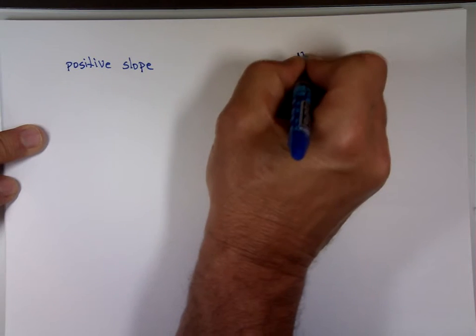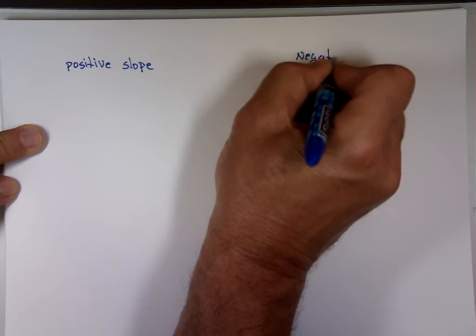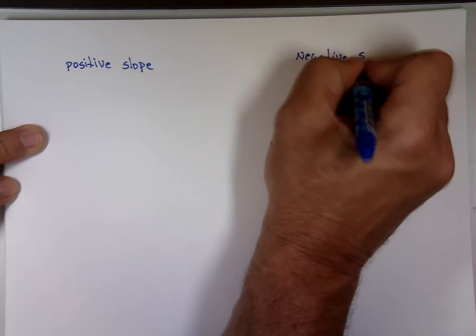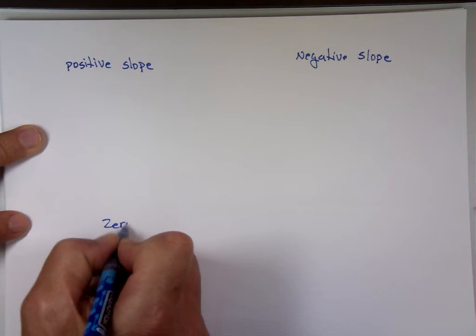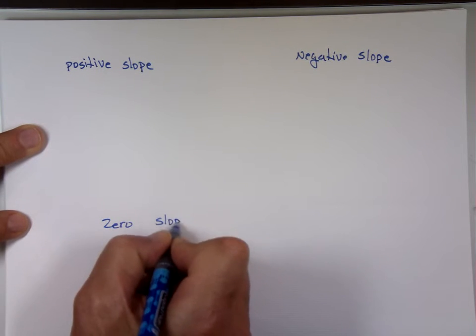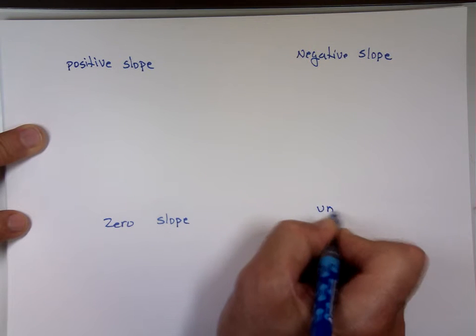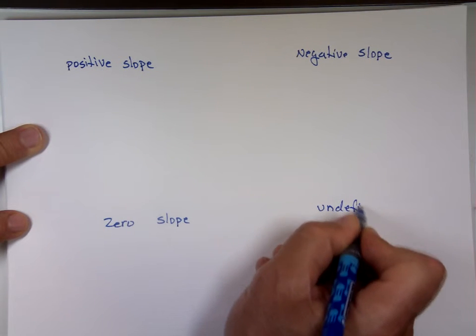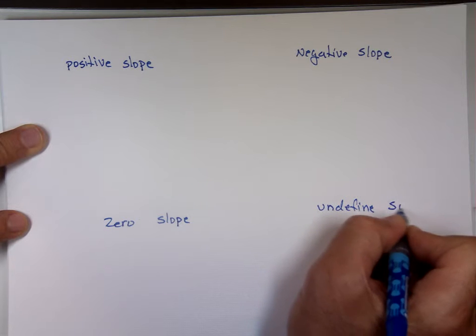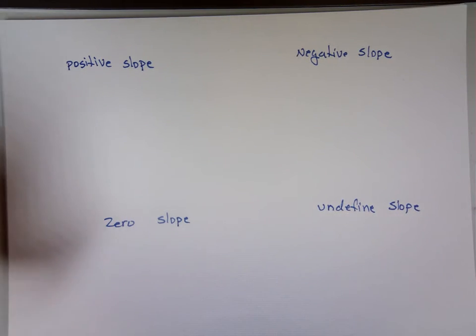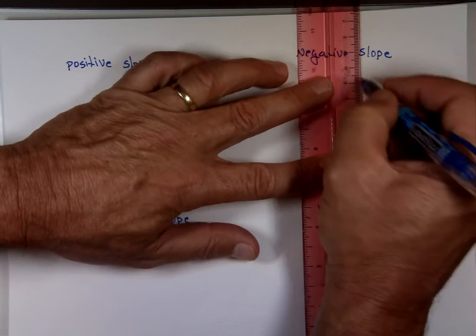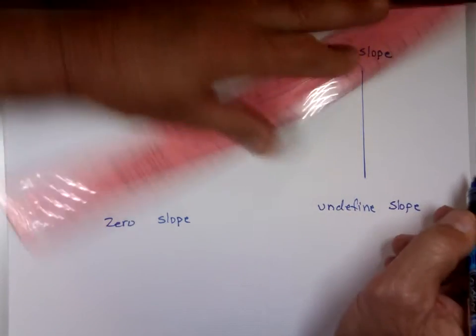Negative slope. Zero slope. And undefined slope. These are the four options. That's it, there are no other choices. We're talking about a straight line. It's going to have one of these four options.